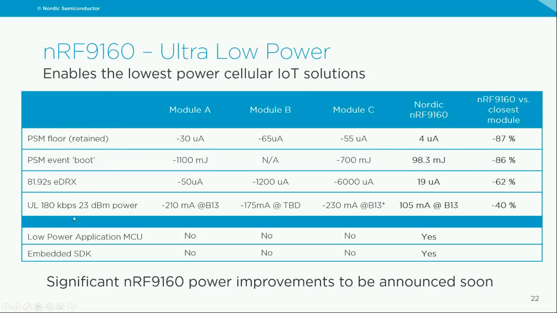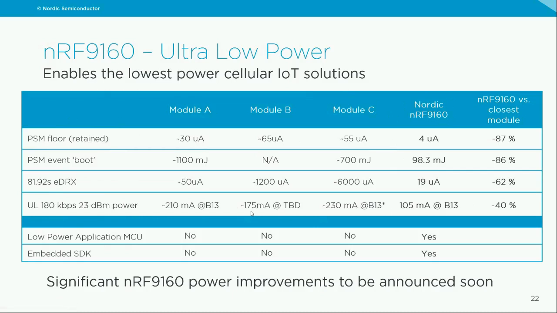Looking at active mode, when you are transmitting data at 23 dBm power, you start to see the full potential of building a cellular modem from scratch that is optimized for narrowband IoT and LTE-M. We can do that at band 13 with typically 105 milliamps in total, which is 40 to 60% lower than other modules out there.